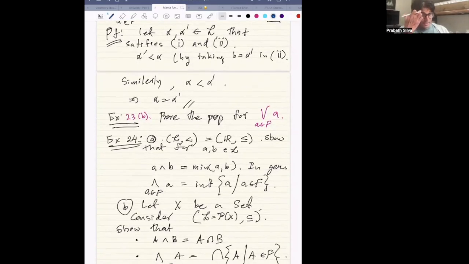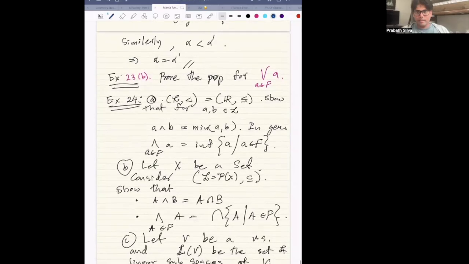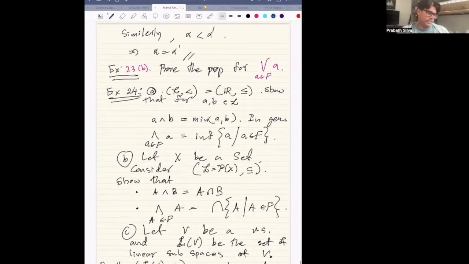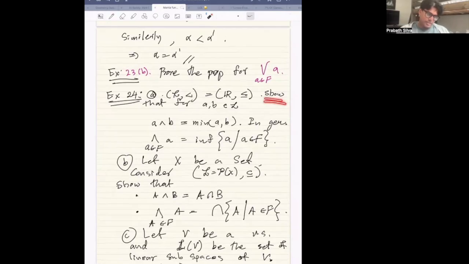I put some easy facts, but when I gave a bunch of exercises, the point of these exercises is just to convince you that you can show these things. So these are not definitions.